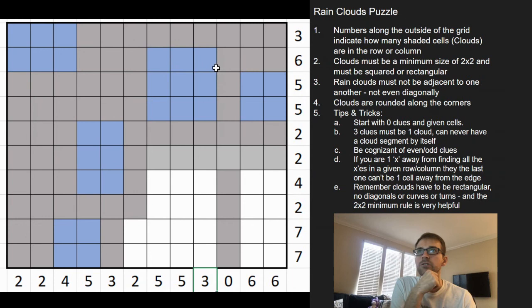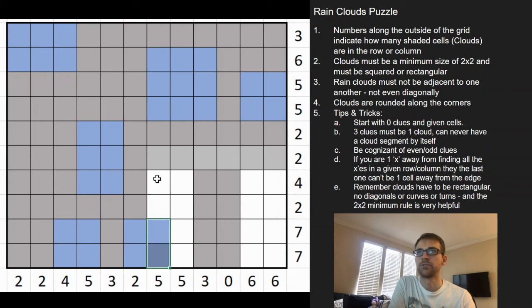That solves this 3. We have 3 in that column. So those are all grayed out. This 2 needs to be these now. And since it's got to be a 2 by 2 minimum, it's got to jut out like that. This can't be part of it. And in fact, this 5 is solved.